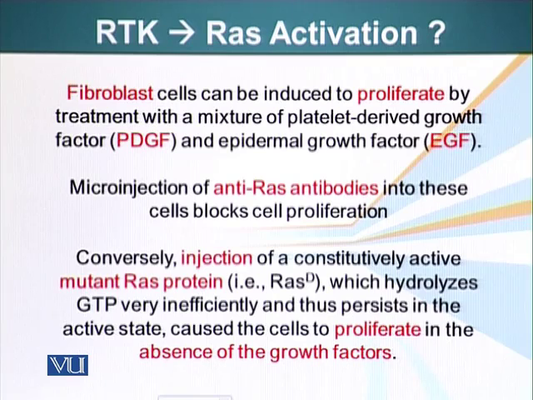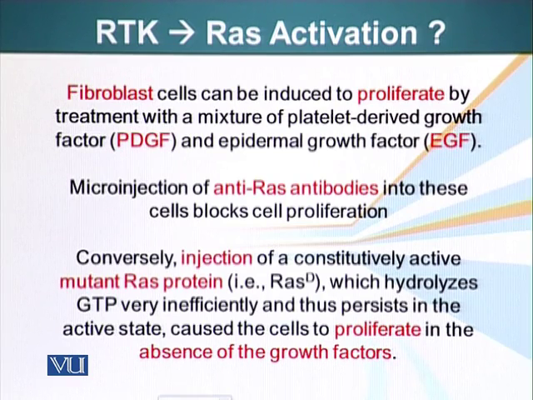Conversely, if we inject a special type of RAS into cells that is constitutively active, meaning that this RAS has a mutation and it cannot get rid of its GTP, so it's always in the on state, and we don't give the growth factors to these fibroblast cells, they will still proliferate.